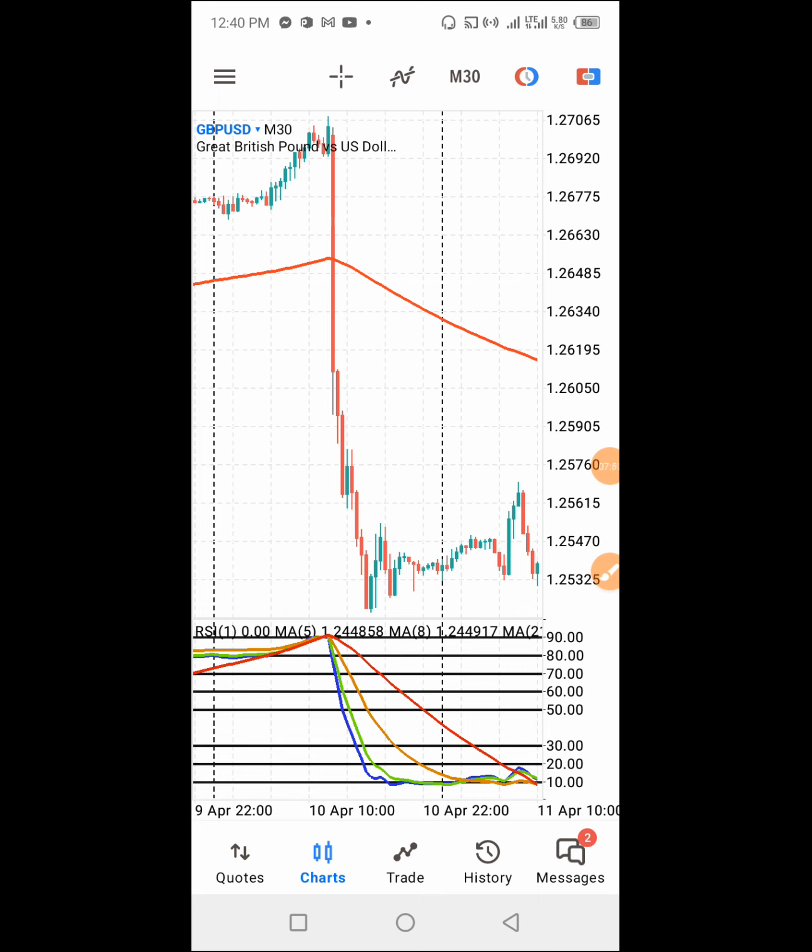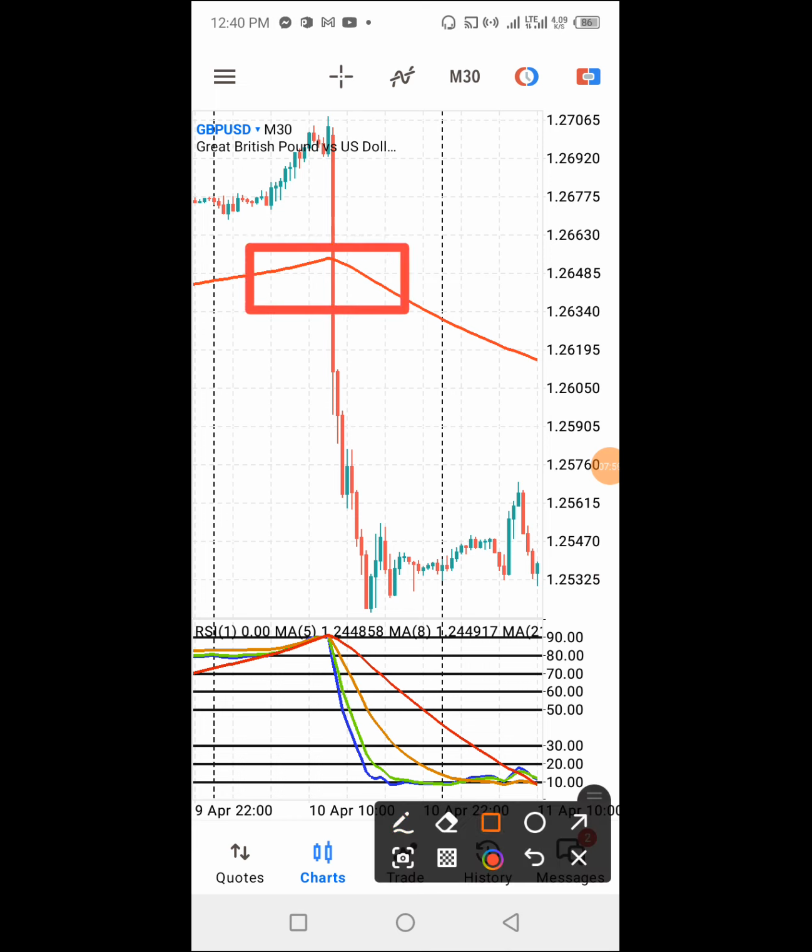So now to take your sell, the first thing we want to see in the main chart is price should be below the moving average 200. Then in window 1 here, all the moving averages should cross below the moving average 200. You know, the main chart has a moving average of 200.